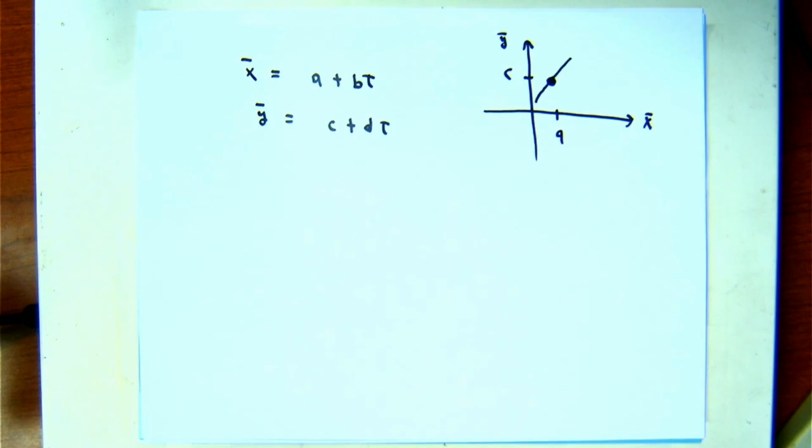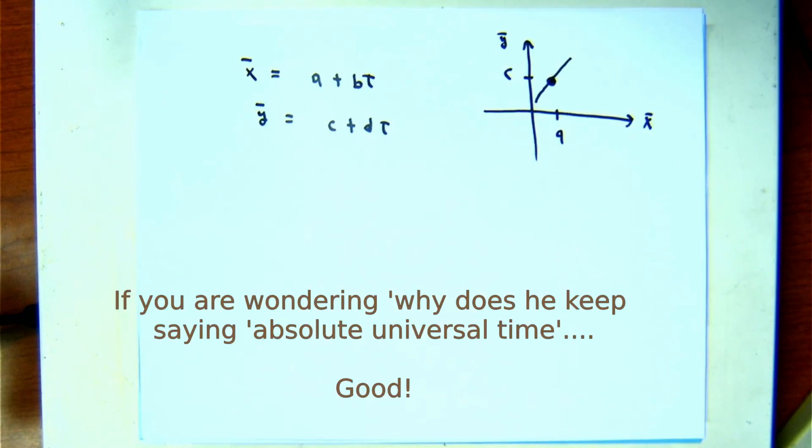You look at some object, it's moving in a straight line with constant speed. A comma C is a point in the plane that the object is at some point or the other. These are x bar and y bar coordinates. B and D, for those of us who want to think of it that way, are the components of the velocity vector, and t, of course, is the universal absolute time.